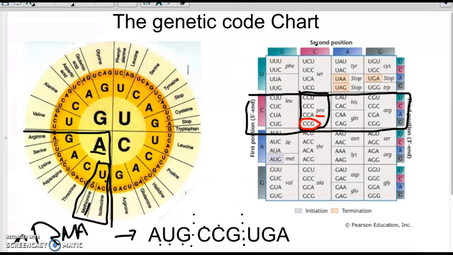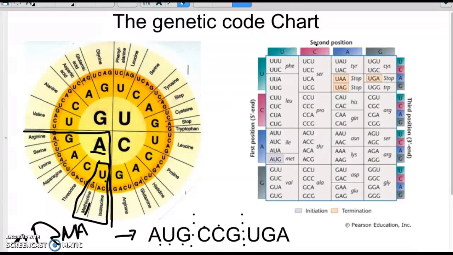Now, if you notice, proline isn't just CCG, it also is CCA, it also is CCC, it's also CCU. So you need to know that one amino acid could have several different codons, okay?